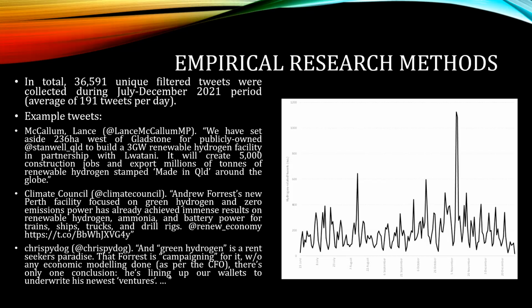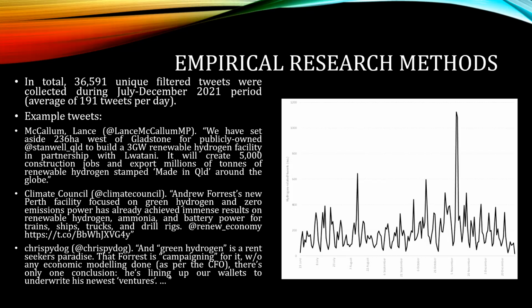Another example tweet, the middle one, by Climate Council. The Climate Council is an activist NGO, and they're referring to a person by the name of Andrew Forrest. Andrew Forrest is very interesting. He's an Australian mining magnate with not only hydrocarbon interests, pecuniary interests, but he also is very active in trying to expand and introduce renewable technologies into Australia.